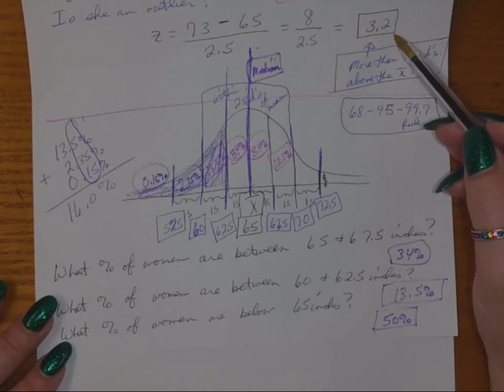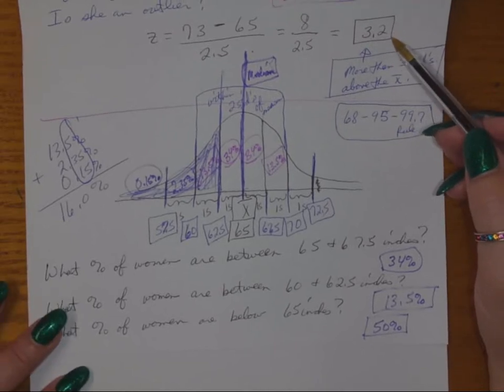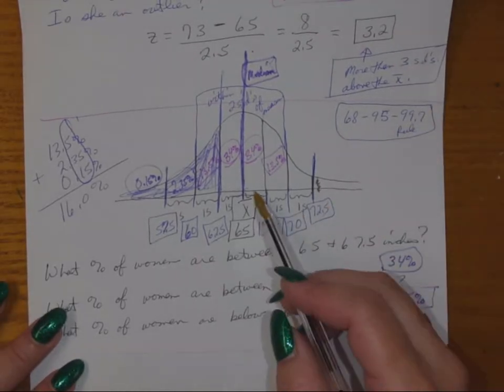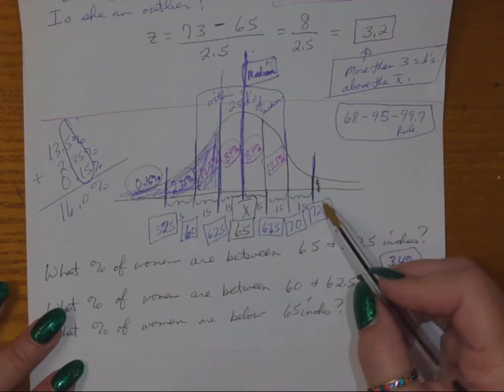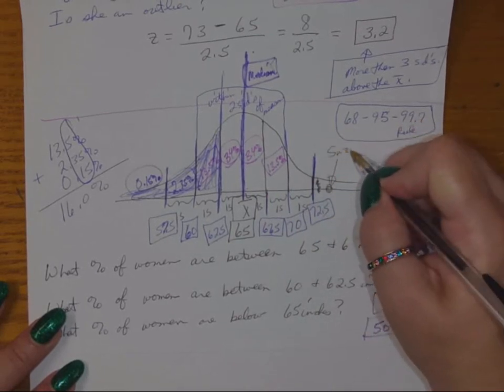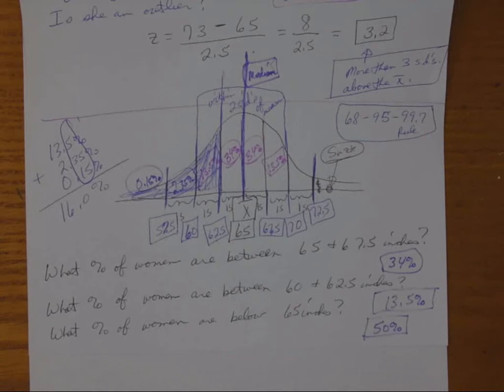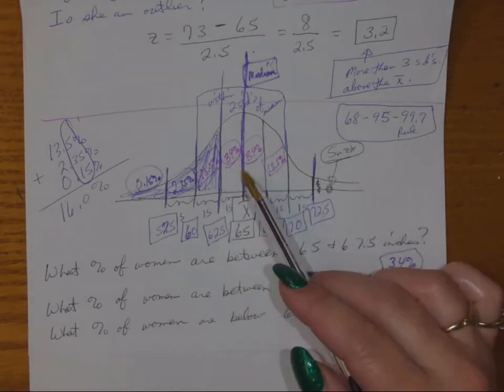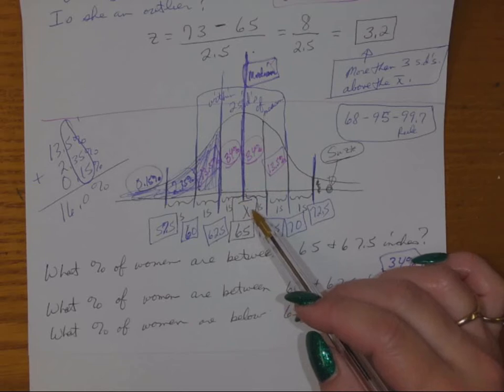She was 3.2 on her Z-score above, right? So she's 1, 2, 3. She's somewhere in here. Okay? Susie. Now the problem is that whenever I'm dealing with right on the standard deviation, it's very easy for me to figure out exactly what percentile she's in.